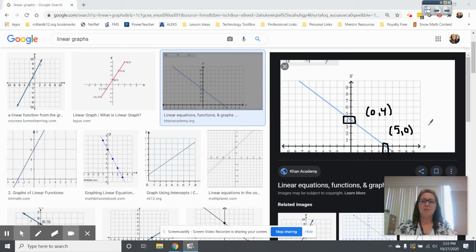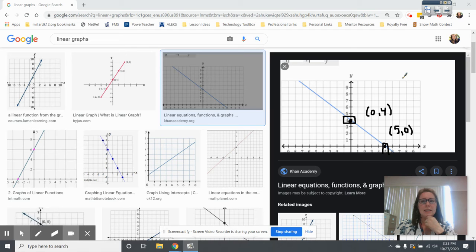We could do the opposite. If they told us the y-intercept and the x-intercept and said draw the graph, all we have to do is plot the point here, plot the point there, and connect it with a line. We could even go a step farther and find the equation if we needed to, find the slope and find the y-intercept. So that is one way to do intercepts on a graph, is honestly just looking at it.